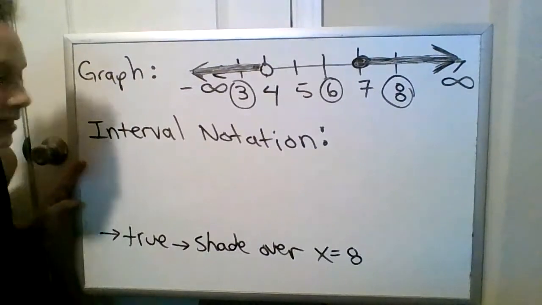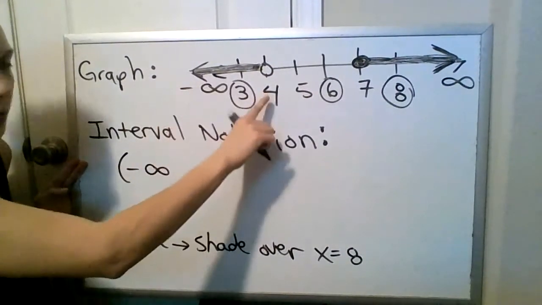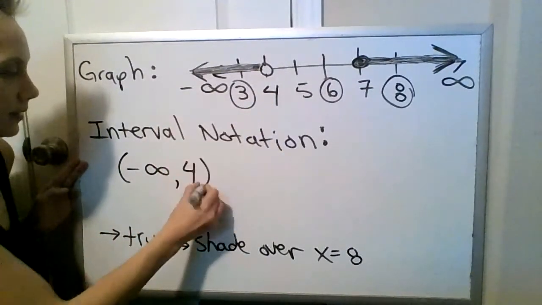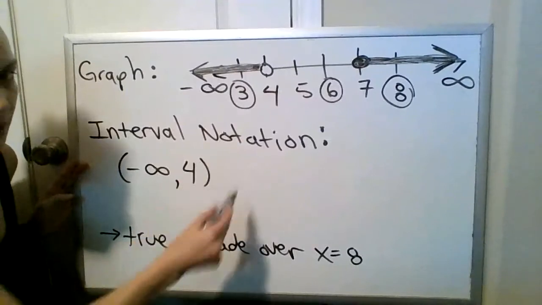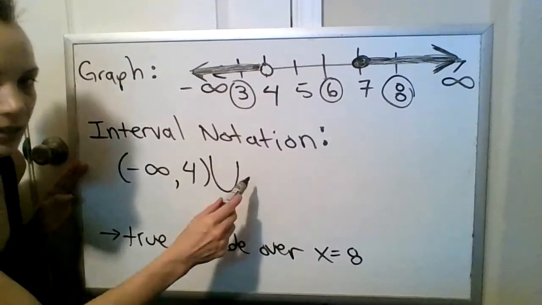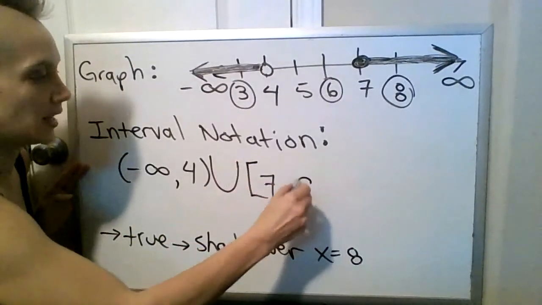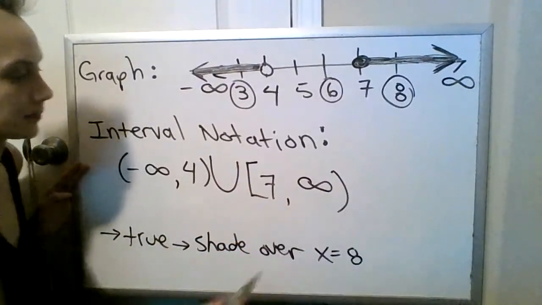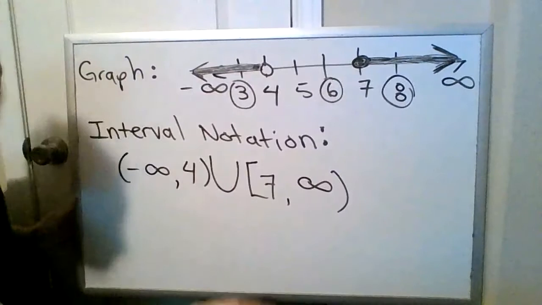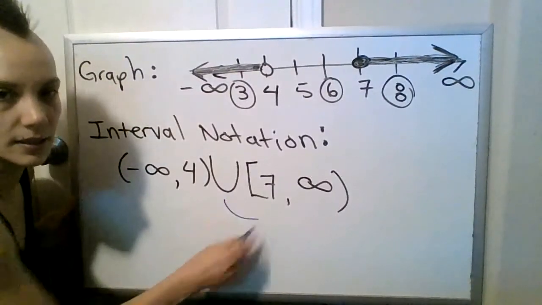So you start at the smallest value. We're going to go over to 4 and not include 4. Then union with the set that starts at 7 and does include 7. Goes over to positive infinity. Just remember, that's the union.